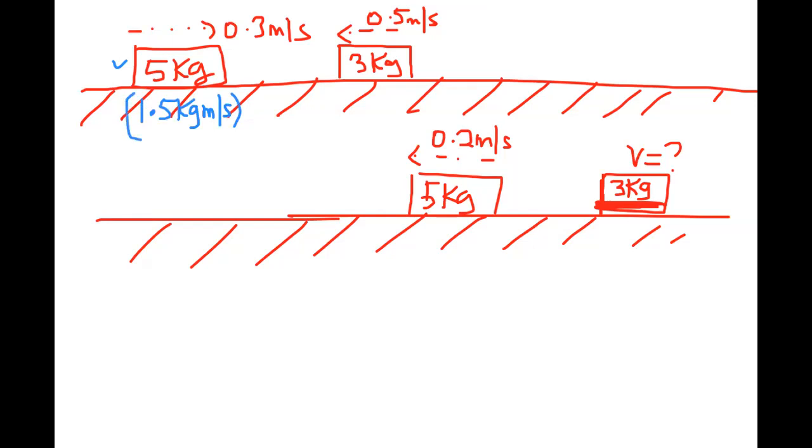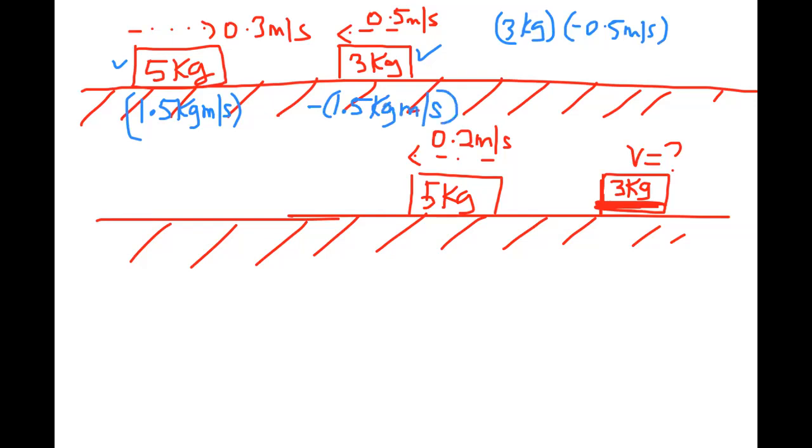Then the momentum of the 3 kilogram crate will be, look at this one, this is moving to the left. So it'll be 3 kilograms times negative 0.5 meters per second. So that will give us minus 1.5 kilograms meters per second.